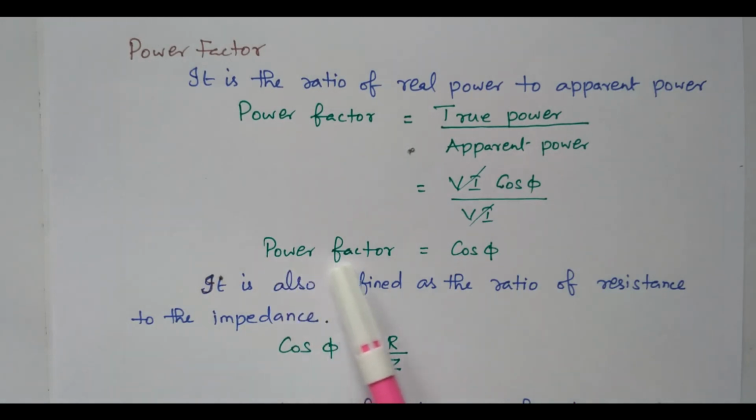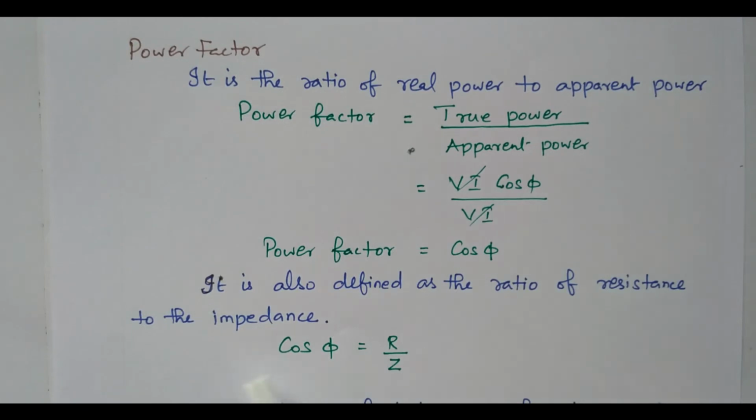So power factor is nothing but cos of angle φ. The φ is the angle between current and voltage. So the power factor is the cos of angle between current and voltage. If the angle between current and voltage is 0, we get the best power factor, 1. Cos 0 is 1.